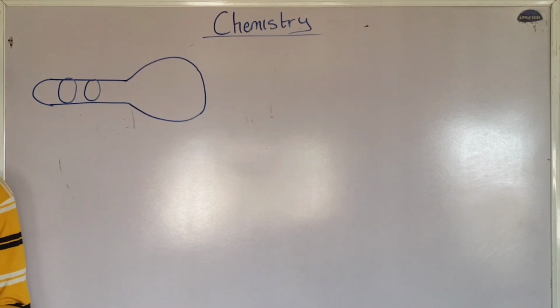Many scientists believed that the atom is the smallest particle of an element. But in 1897, JJ Thomson used the cathode ray tube to discover the electron. So we want to look at how the electron was discovered by JJ Thomson using the cathode ray tube.